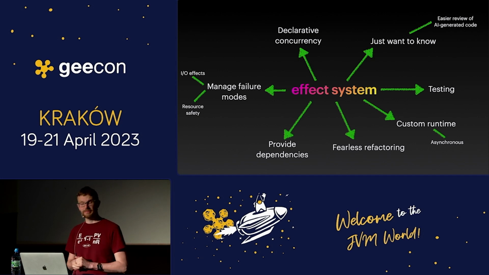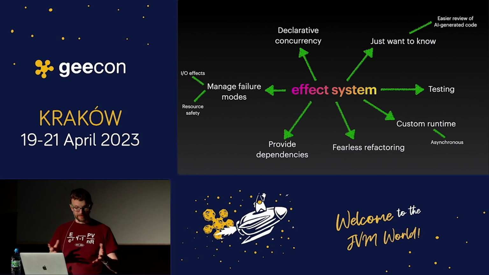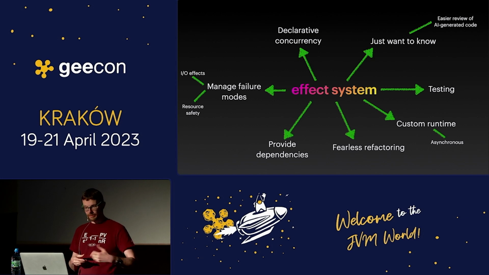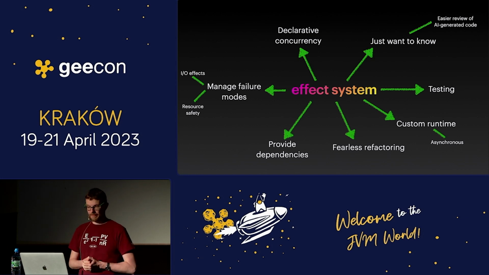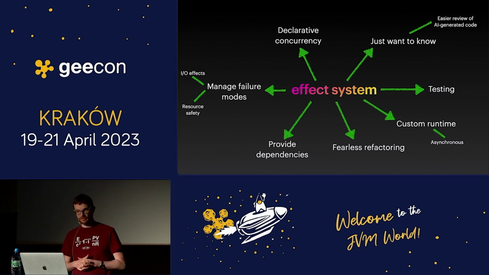So that's also what these effect systems do. They might also have other features such as tools for concurrency, tools for providing dependencies, which might make it easier to test your code by substituting the dependencies which actually use these effects.